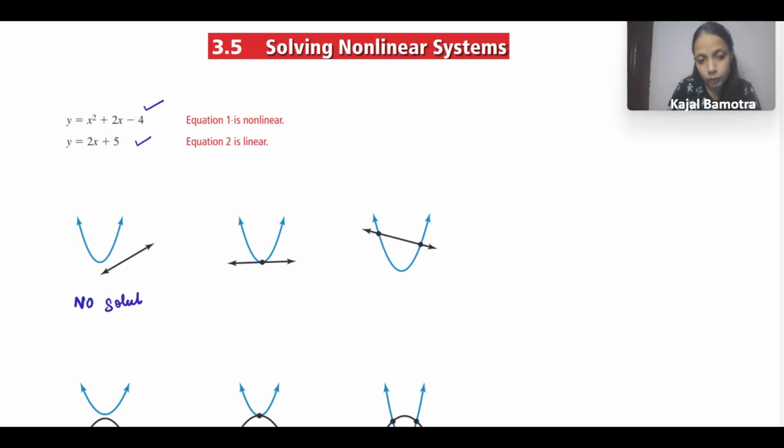If they intersect at only a single point, I will say one solution. And if this line cuts the curve at 2 points, it has 2 solutions.